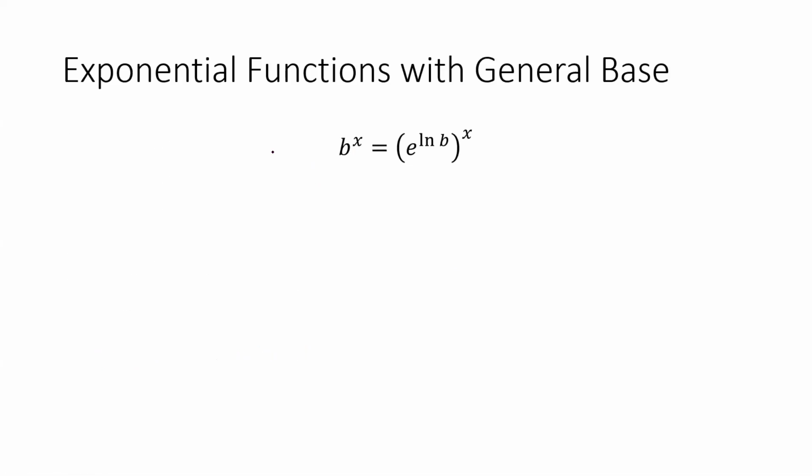With that property, we get a way of rewriting an exponential of any base in terms of e. So b to the power of x can be written as e to the x times ln of b.